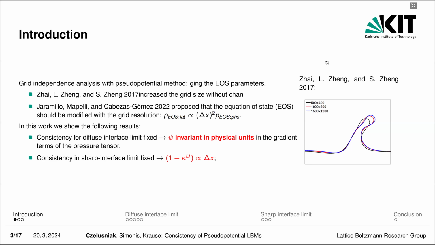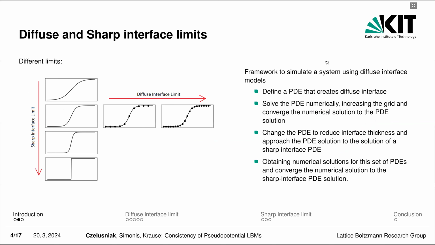So you have to do simulations for each grid, like experimental work, and find which parameter fits the surface tension. I think we can improve this procedure. In this work, I will first define the diffuse interface limit and the sharp interface limit, and show how to make the pseudopotential method consistent for both cases.